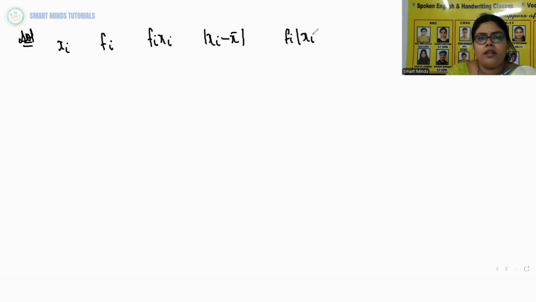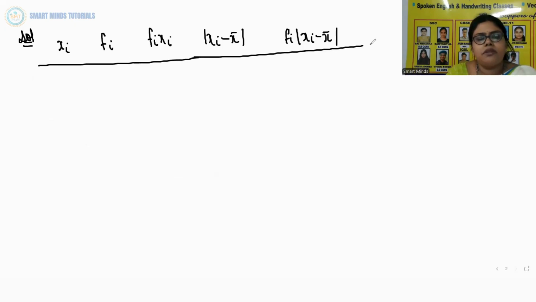So we will form a table here. First we will take xi, fi, fi xi, mod xi minus x bar, and fi mod xi minus x bar. So these are the columns we will be needing.